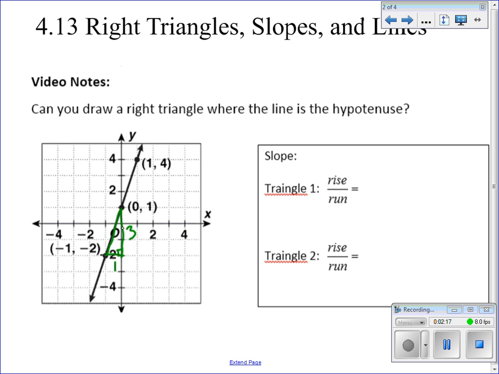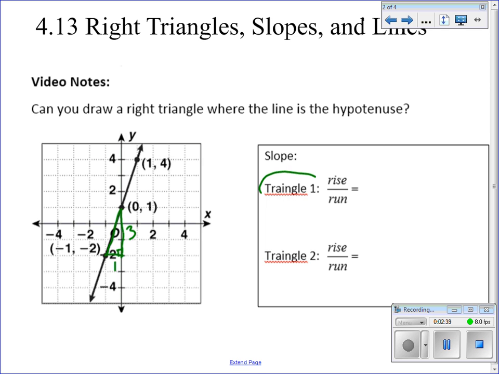Its hypotenuse, we don't really need to know that length, but what we're trying to see today is that this right triangle shares a similarity with our line. This hypotenuse is going to be part of the line that's graphed. As you can see, the sides of this right triangle then also act as our slope. So we're going to call this triangle 1.